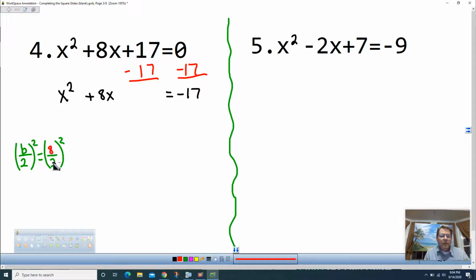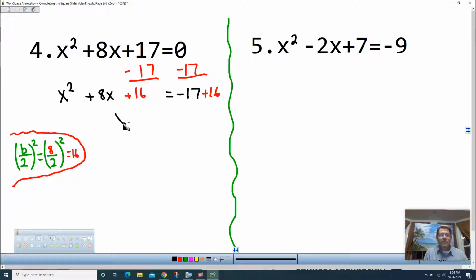So 8 divided by 2 is 4, and 4 squared equals 16. Okay, so that's our side work over there. All right. So what do we need? We need to add 16 to both sides of our equation because we have to keep the balance going. And now looky there, we have that perfect square trinomial happening.